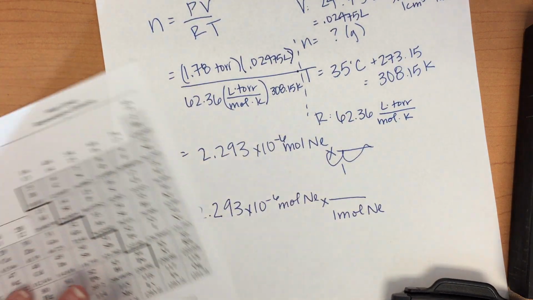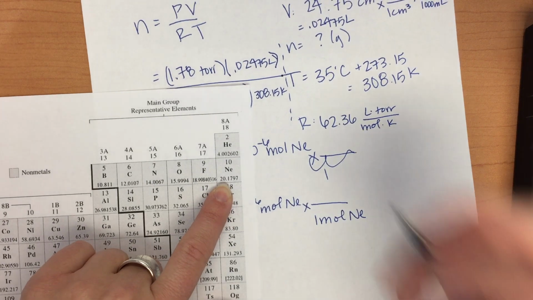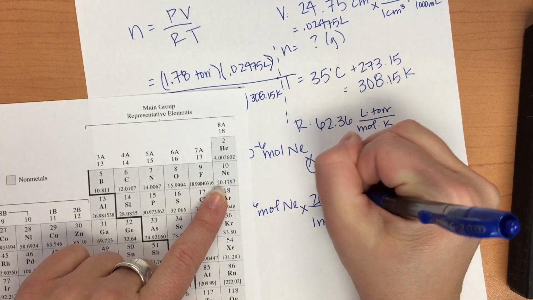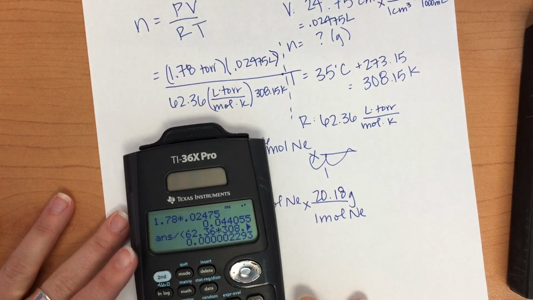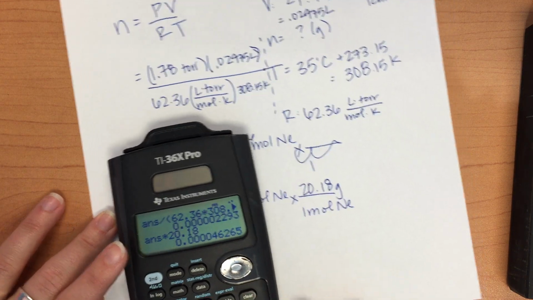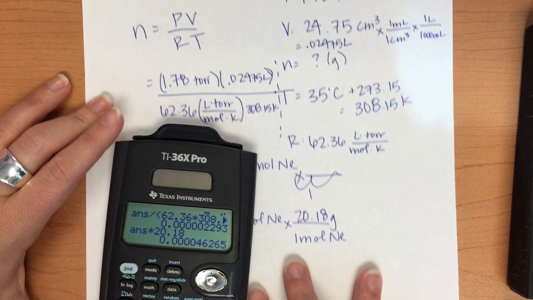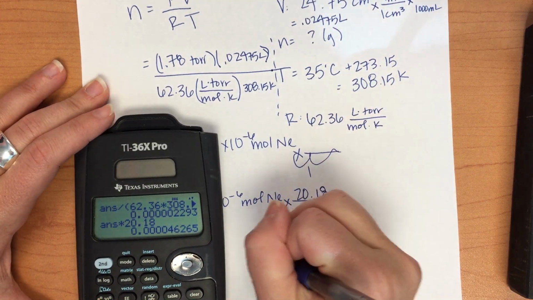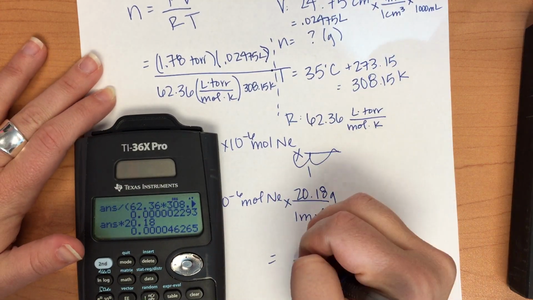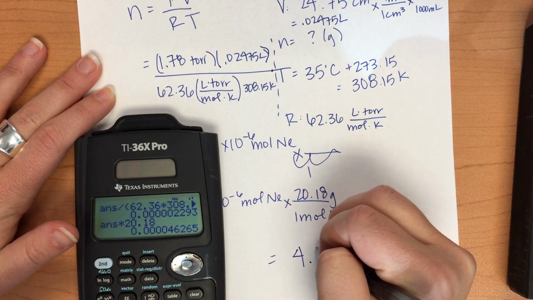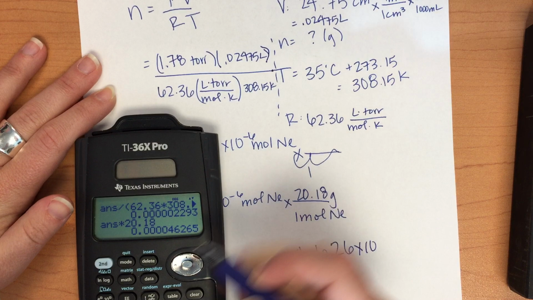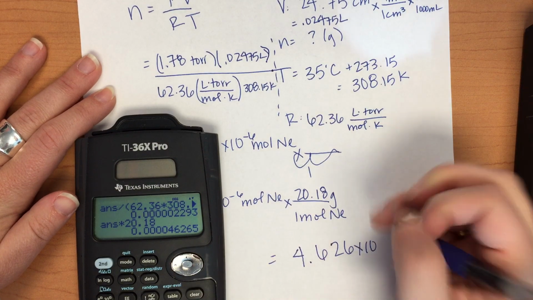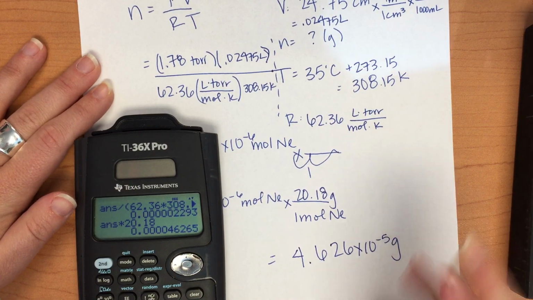Looking at our handy dandy periodic table, there are 20.18 grams. When we multiply those two values together, we again get a very small number: 4.626 times 10 to the negative 5 grams.